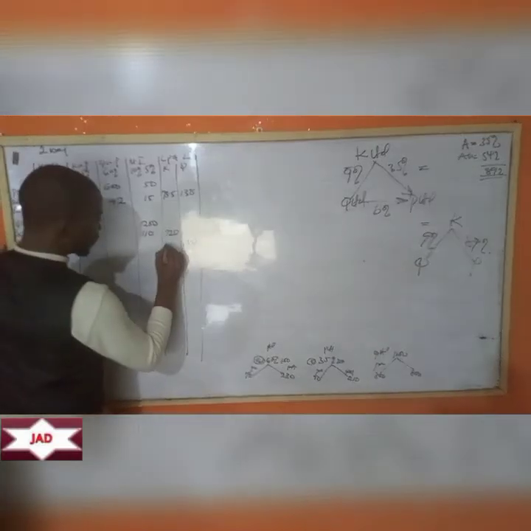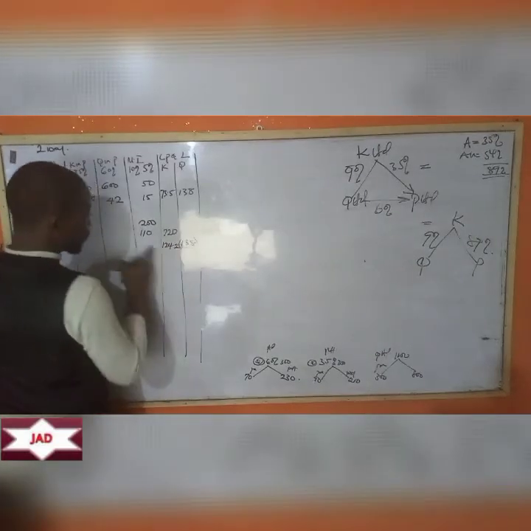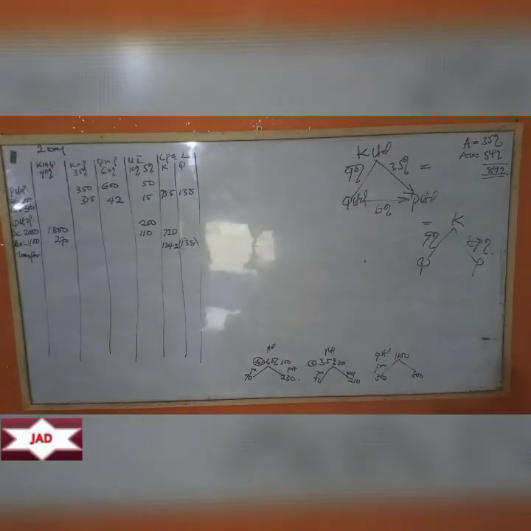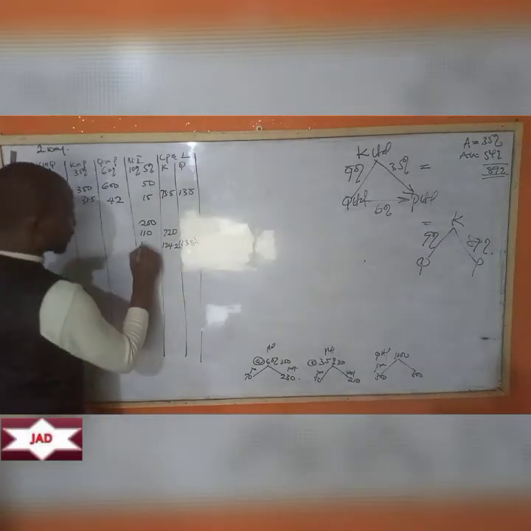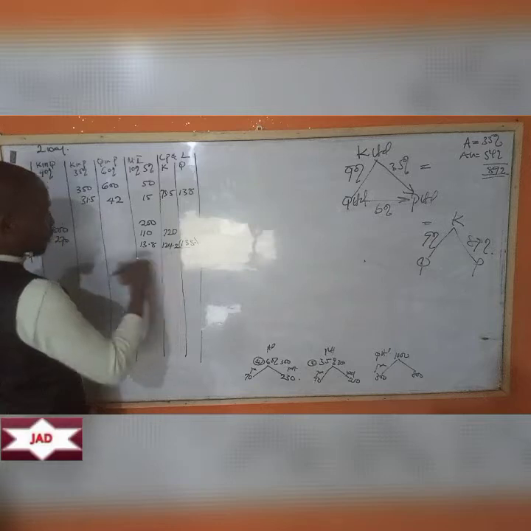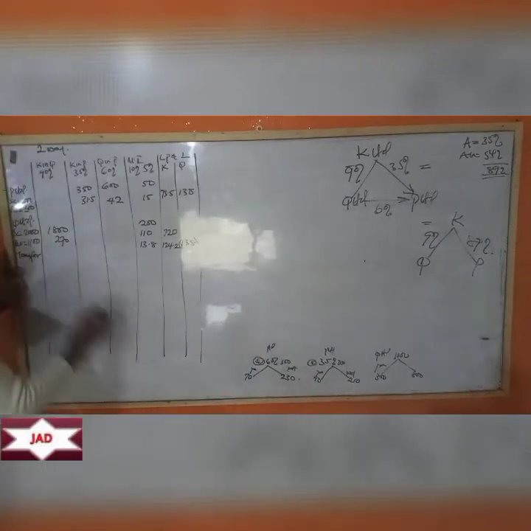So K will take 124.2. The remaining will come to minority interest. 0.1 times 138 is 13.8. When you add these two, you give you this. So that takes that off.